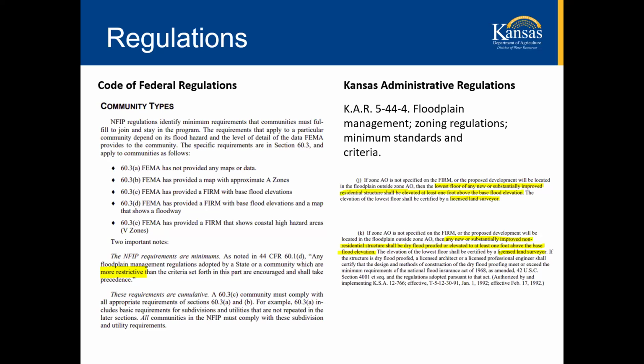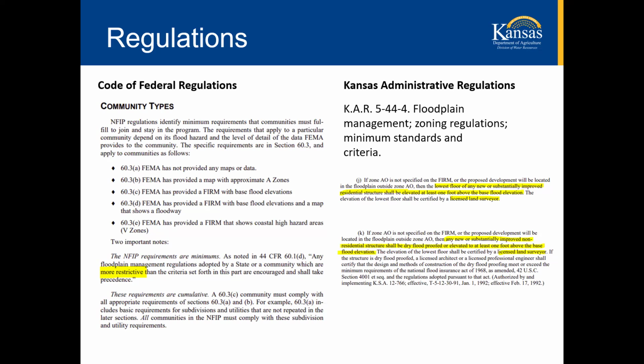So again, these are the minimum requirements established by the federal government for floodplain construction when a community participates in the NFIP. And then we also have some state regulations. When a community decides to join the NFIP and they have a map to adopt, what happens is basically the areas of floodplain become their own zone.